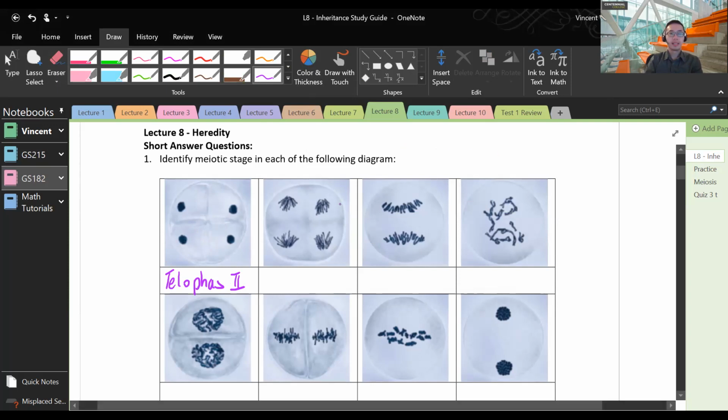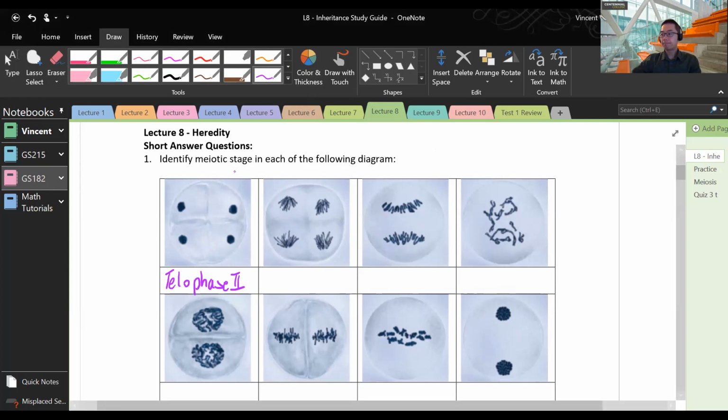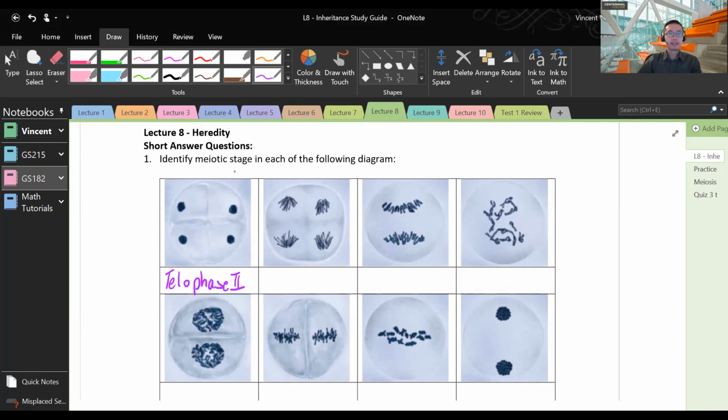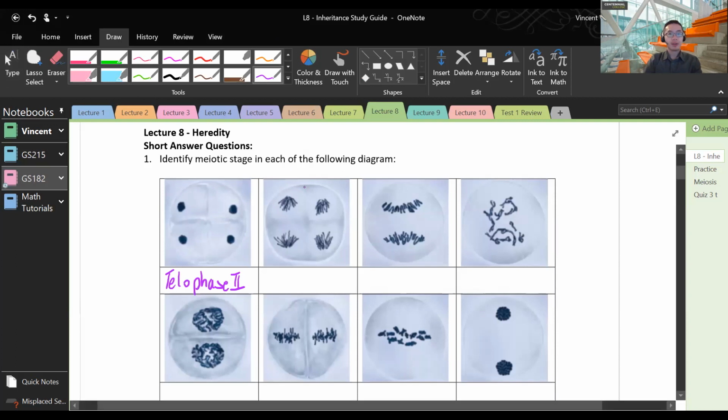Okay. This one is a little bit tricky. Anybody want to guess what that is? Or not guess, but does anybody know what that is? All right. Now, this one, we have a metaphase 2. Okay, yeah, that's a good try. This one, we actually have to divide the cell first.